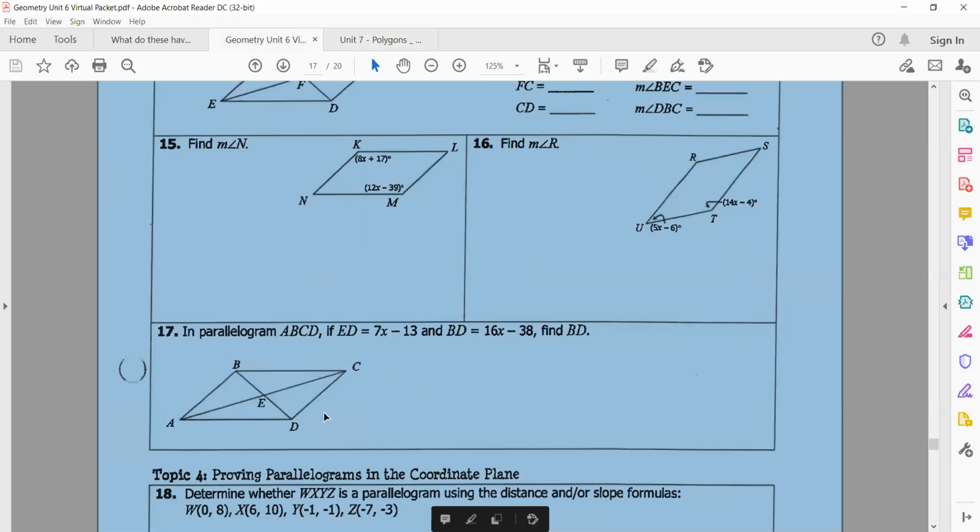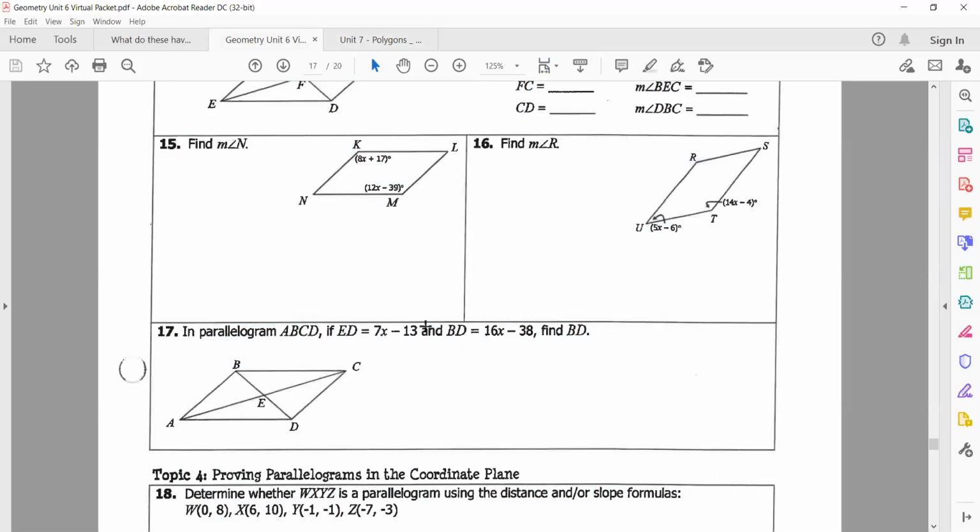Because if ED is 7x minus 13, BE also has to be 7x minus 13. Otherwise, it's not half. Once you figure out what x is, plug it back into this expression, BD equals 16x minus 38, and you'll have your answer for BD.